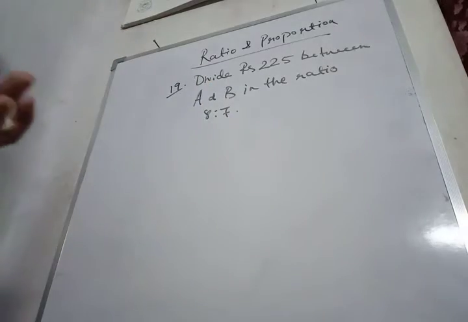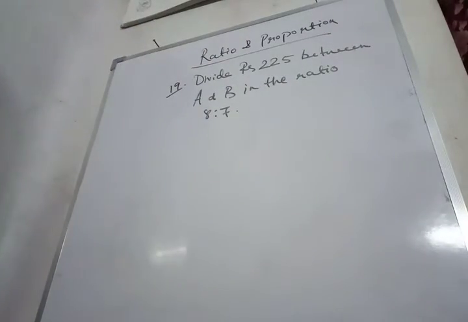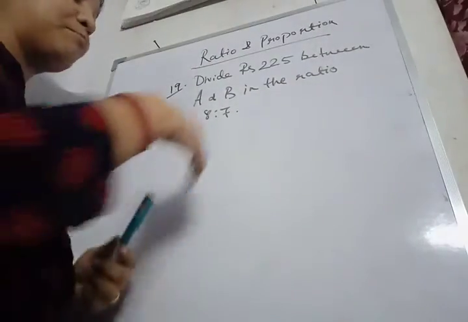Right? 225 has to be divided between A and B in the ratio 8:7. That means A will be receiving 8 parts and B will be receiving 7 parts.